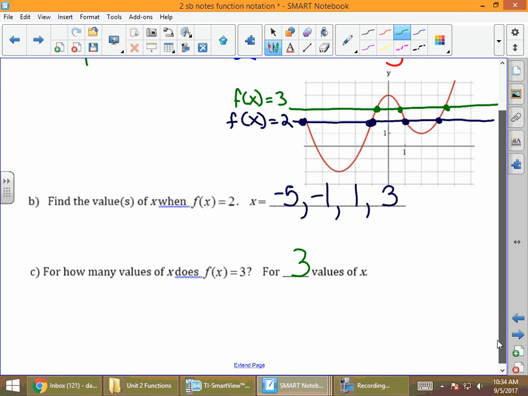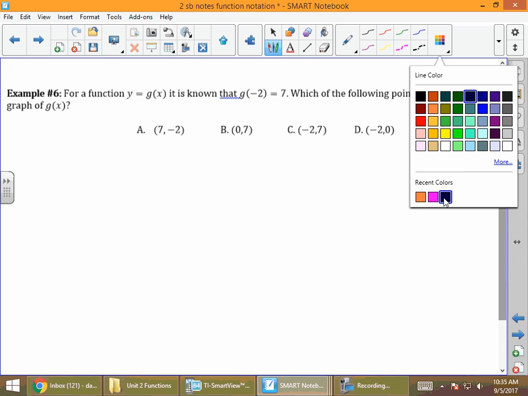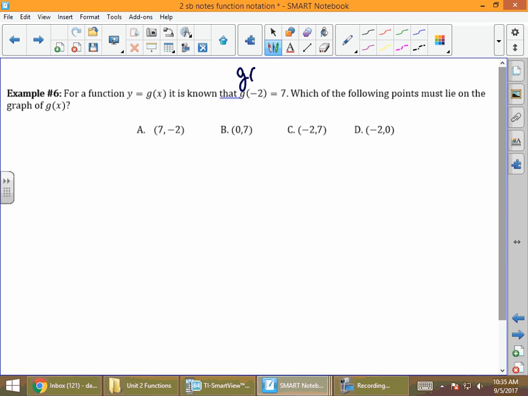And lastly, a multiple choice question to finish. For a function y equals g of x, it is known that g of -2 equals 7. Which of the following points must lie on the graph for g of x? Well, one last time, g of -2 comes from g of x. And -2 is where the x would be.